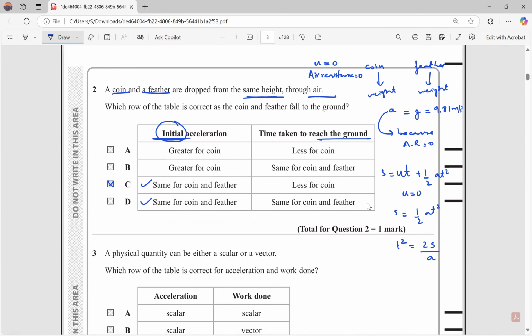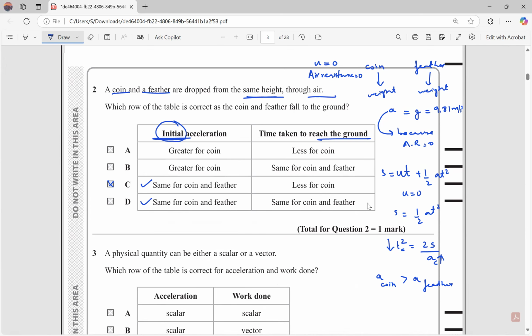So it's the overall acceleration, and the overall acceleration is greater for the coin as compared to the feather. So if that is greater, then the time for the coin would be less. If this is greater, then this is less. So that's how you can prove it mathematically using some SUVAT equations.